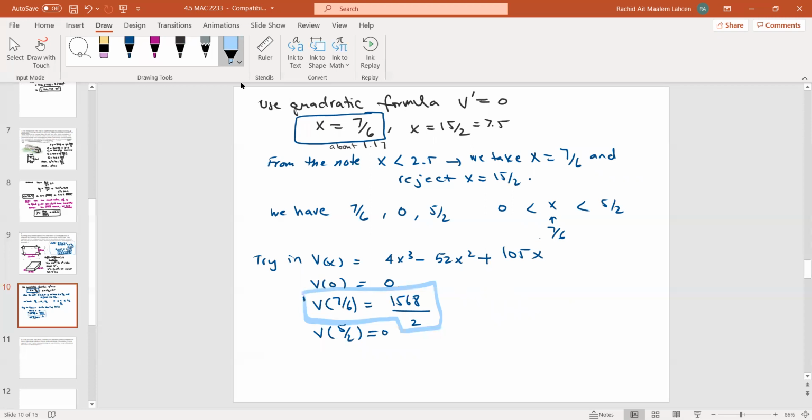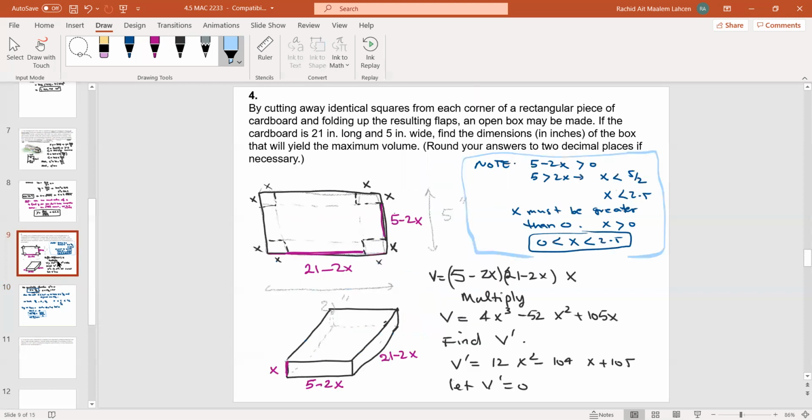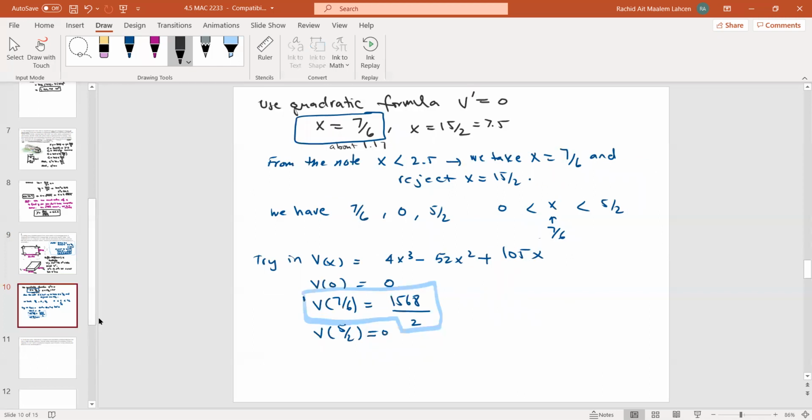If the maximum is happening there, now we can build the box. So now we can return and say, this is 7/6, this is 7/6, and this is 7/6, right? The only thing here, note again, not to run into computation error.